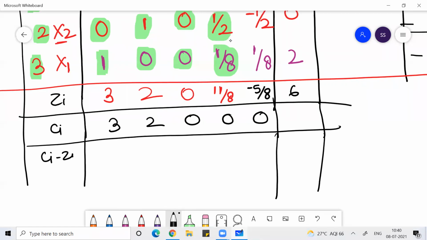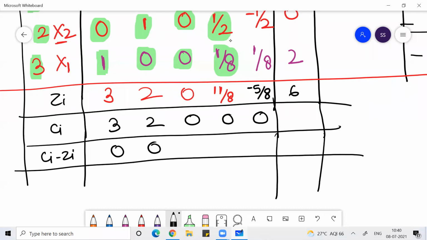Then Ci minus Zi. This is 0, this is 0, this is 0, minus 11 by 8. This is 5 by 8. Clear, everyone?